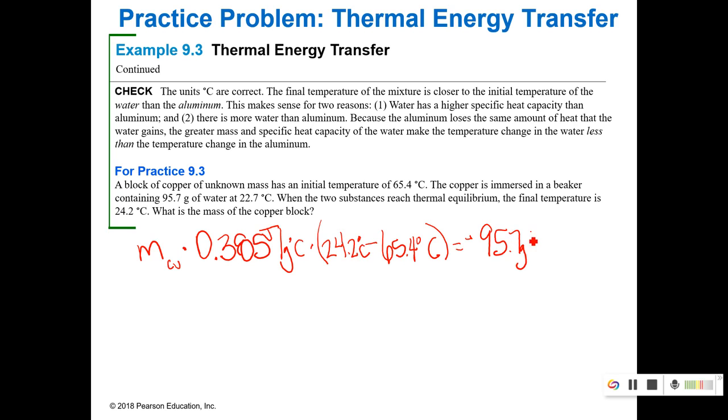95.7 grams for the water times 4.184. It's a specific heat. Times 24.2 minus 22.7. Alrighty.